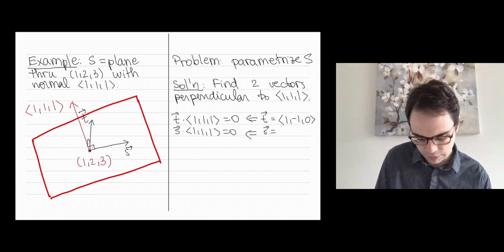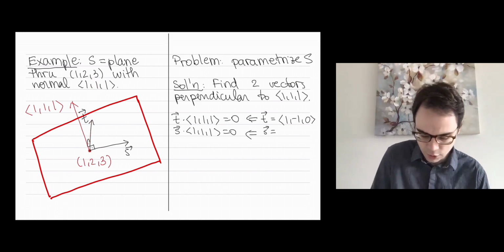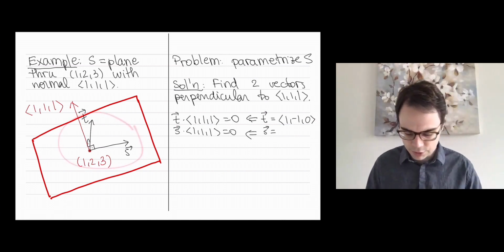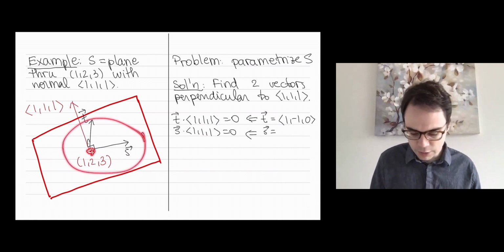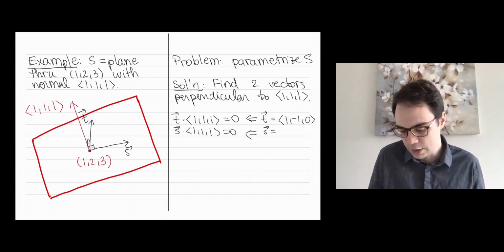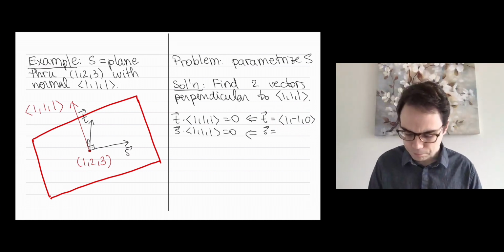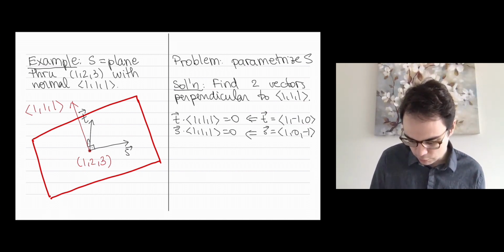I'd get a longer vector that's still perpendicular to 1, 1, 1, but it's not going to look like this picture. We want independent vectors. And surely I don't want S to be the 0 vector, which is also a multiple of T, right? It's 0 times T. So here we could take, using the same strategy, 1, 0, -1.